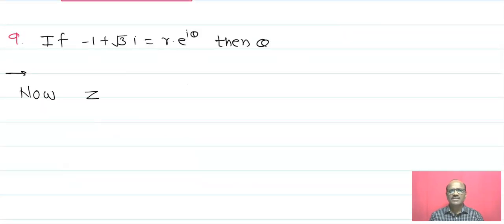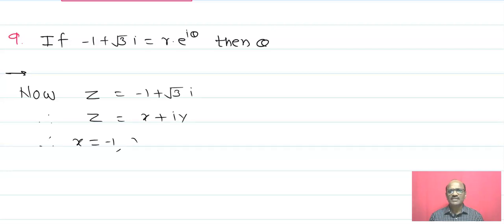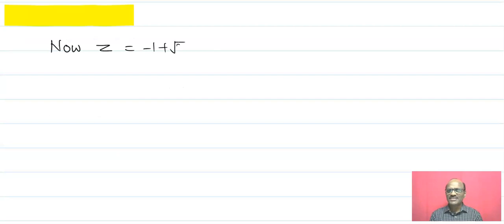Now next is, if minus 1 plus root 3i is equal to r times e raised to i theta, then z is equal to minus 1 plus root 3i, that is r e raised to i theta.